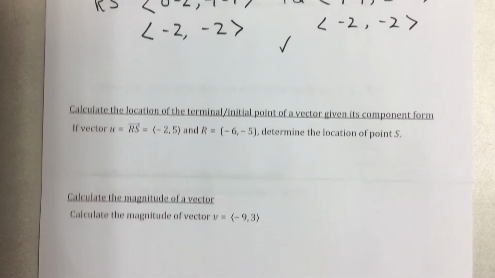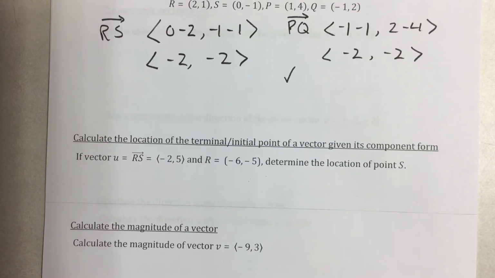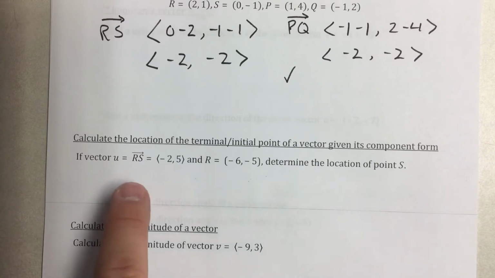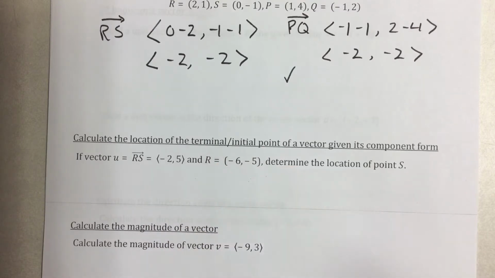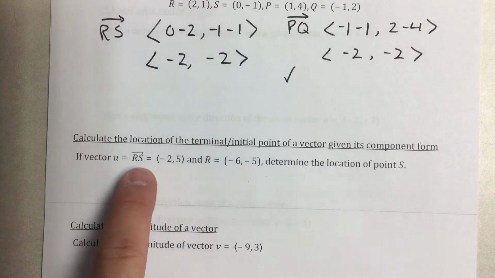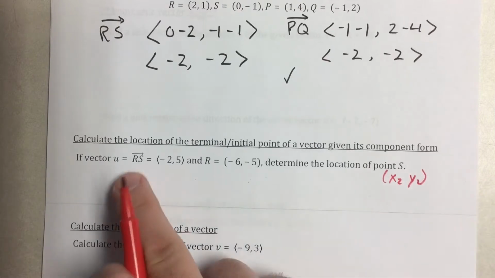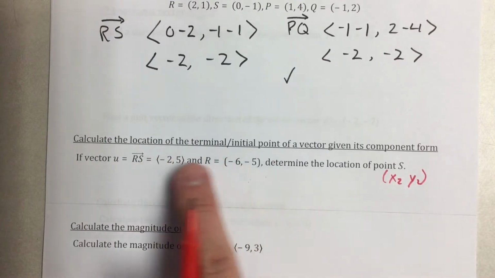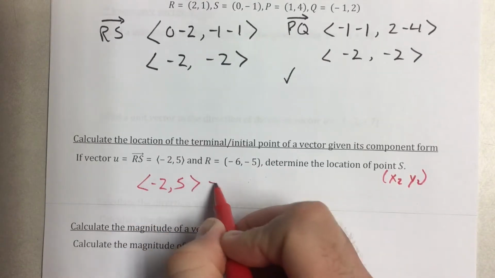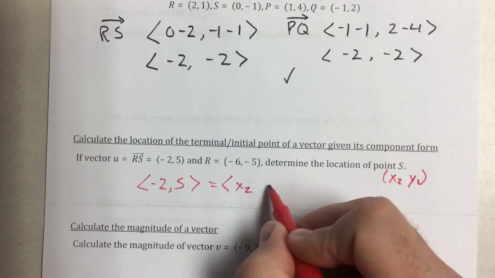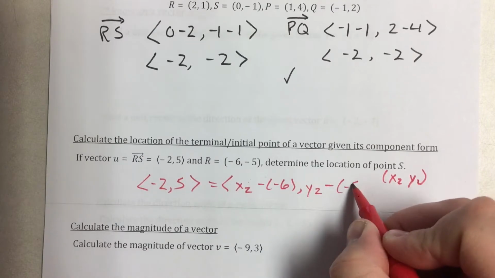All right, keeping that in mind, knowing that we have x2 minus x1, y2 minus y1, looking at the second scenario: vector u, or RS, is this component form, negative 2 comma 5, and we're given the location of R, so determine the location of S. Looking at the name of the vector, S is our x2, y2. Knowing the component form and the initial point, I can say that negative 2 comma 5 must equal x2 minus negative 6, and then y2 minus negative 5.